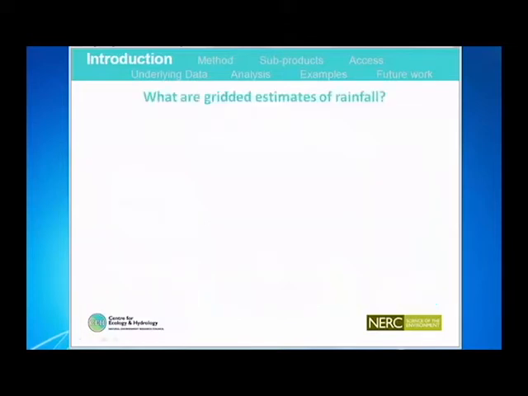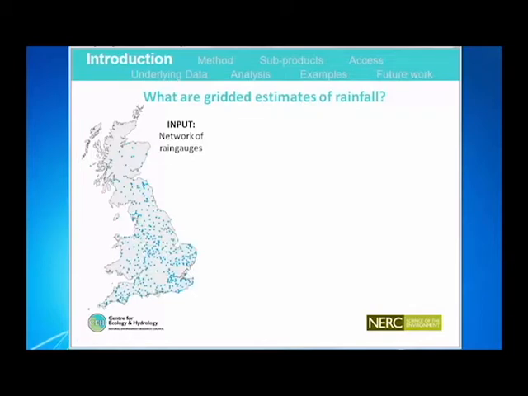So just before I continue, I want to make sure everybody understands what I'm talking about when I say gridded data set. So we have, as input, a network of rain gauges, which are point time series of data, either daily or monthly.